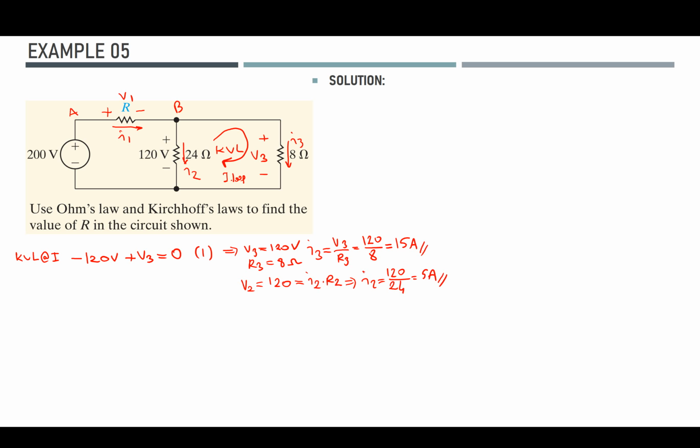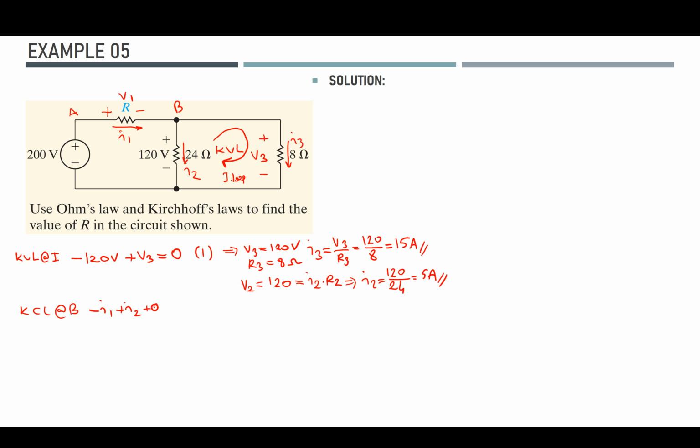Let's say this is node A and this is node B. I can write down a KCL at node B. The unknown current I1 is entering there, so since it's entering, I will put a negative sign, and the two currents I2 and I3 are leaving it, so they should have positive signs.